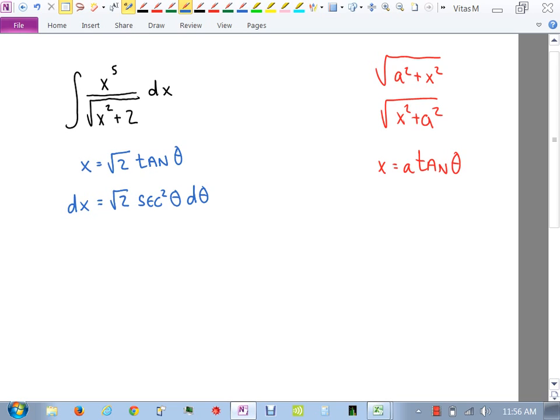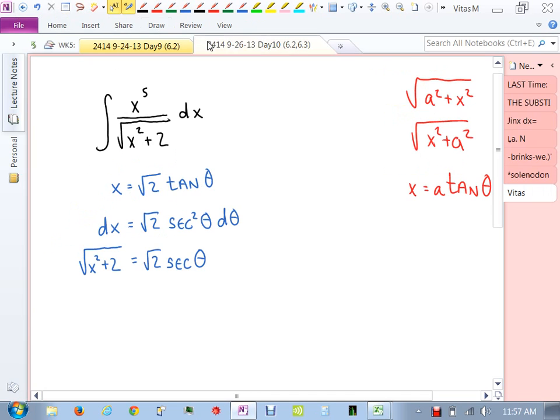And then all of this junk, the square root of x squared plus 2, turns into, what is it? Root 2 secant theta. Good. We always assume that it's just going to be a secant theta. Yes. Well, for this it will be. Let me go back to this.